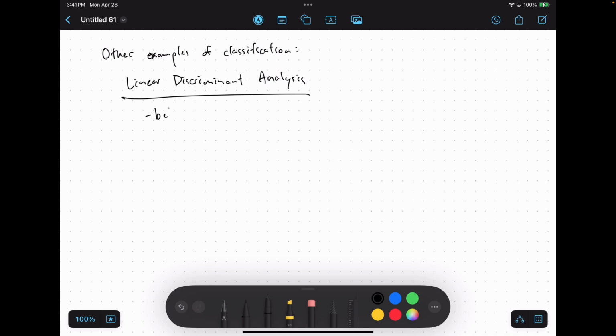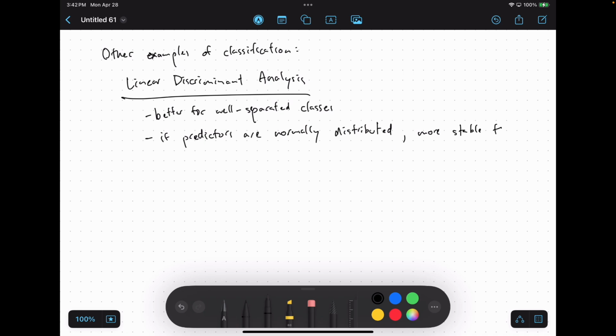So this is better for well-separated classes. If predictors are normally distributed, it is more stable than logistic.